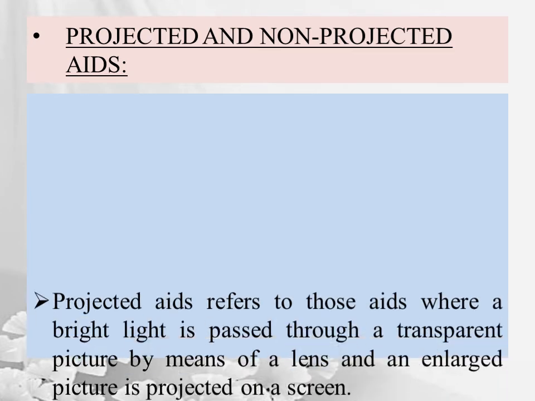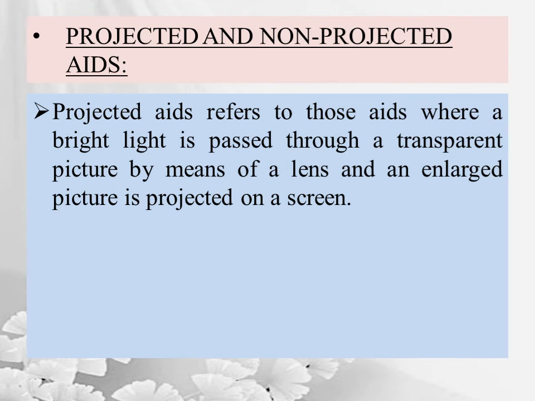The projected and non-projected aids are part of the other types of teaching aids that we have already discussed. Projected aids refer to those aids where a bright light is passed through a transparent picture by means of a lens and an enlarged picture is projected on a screen. Some teaching aids, such as slide projectors or overhead projectors, are called projected aids as they require images and information to be projected on a screen.